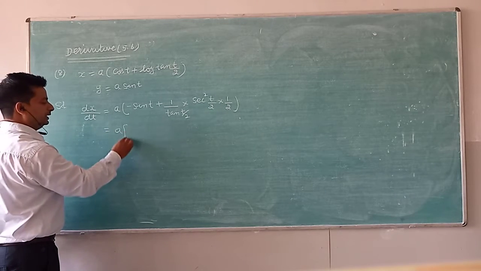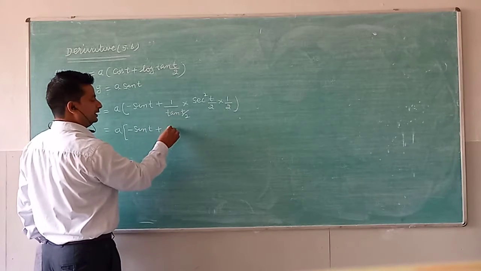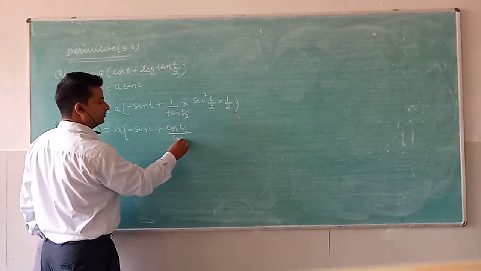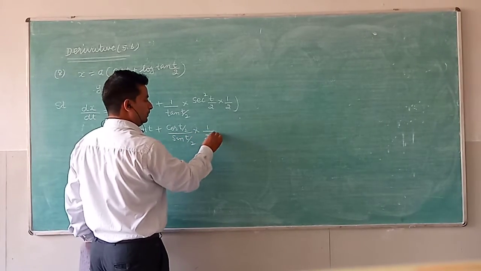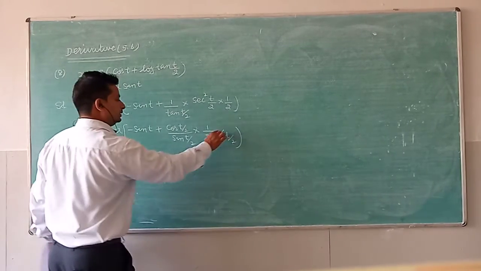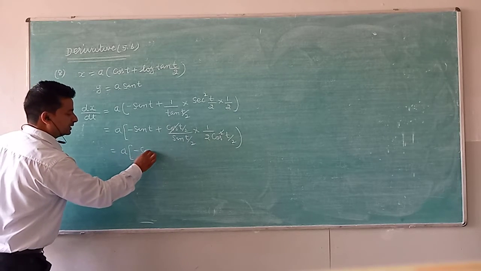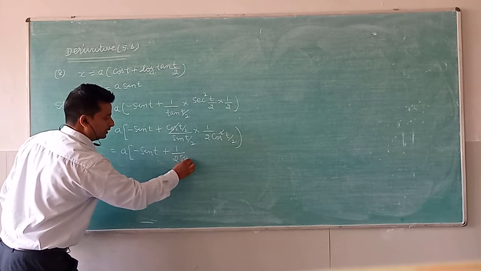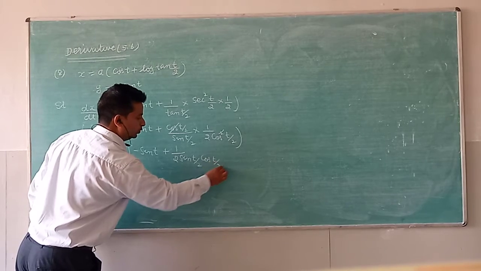So this is a(minus sin t). As we know, tan t is sin by cos, so it is cos t by 2 upon sin t by 2. This is 1/2. This is cos square t by 2. This cos cancels out. So this is minus sin t plus 1/2 upon sin t by 2 cos t by 2.